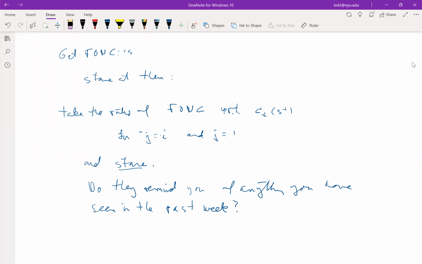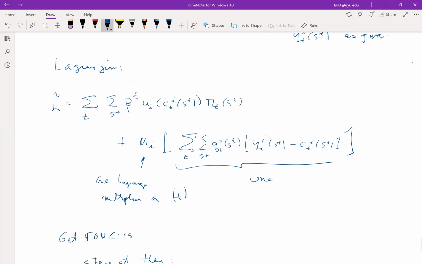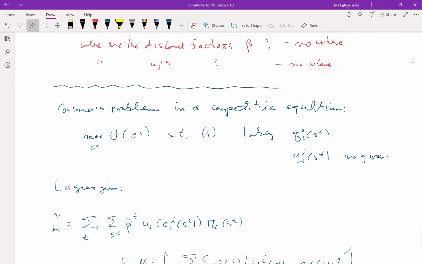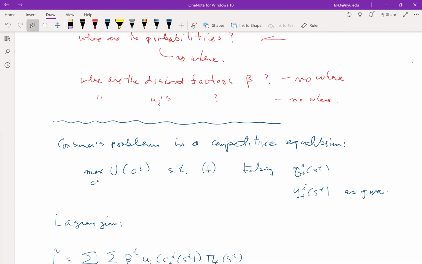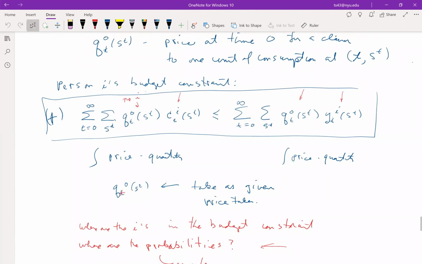Each consumer is a price taker. Each consumer maximizes his or her utility functional by choosing a consumption plan subject to the Arrow-Debreu budget constraint. There's only one budget constraint for each person, obviously.